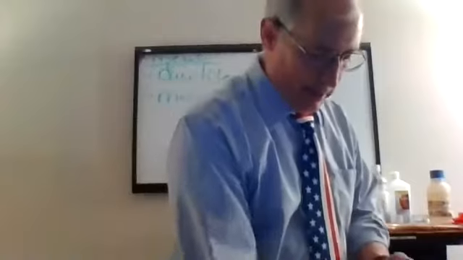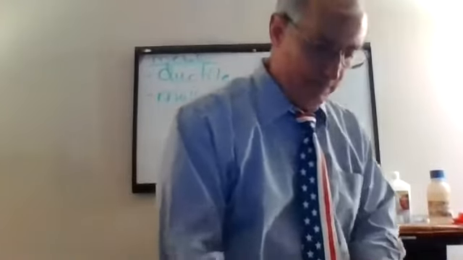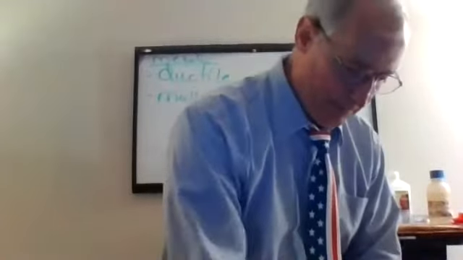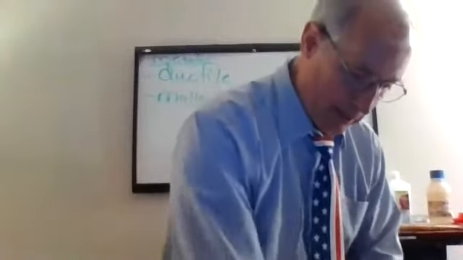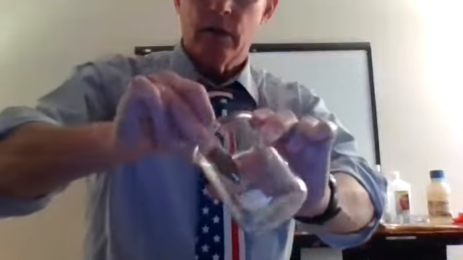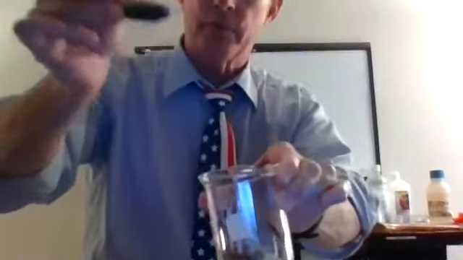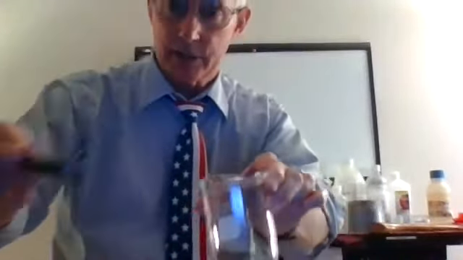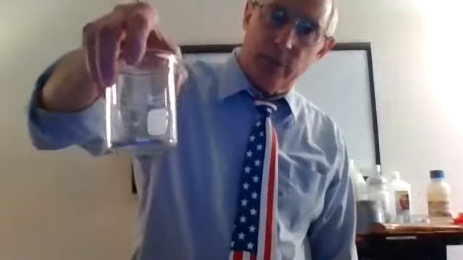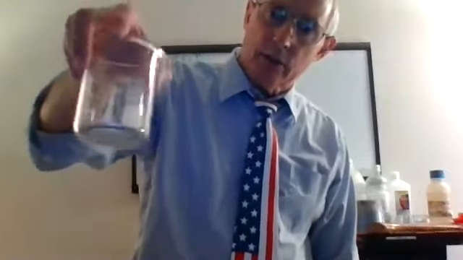How are we going to get the paper clips out of there? I got an idea. How about if we just take a magnet to it? Look at that. Here come both of those paper clips right out of there because of the physical property called magnetism. Now, we've got nothing left except for mud and salt.